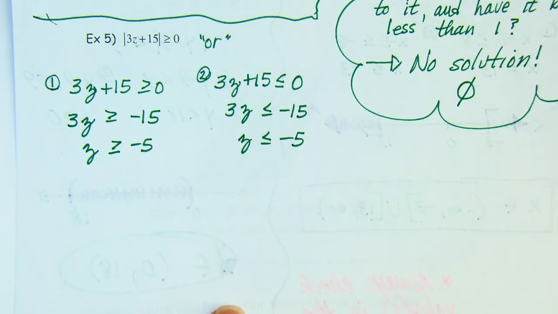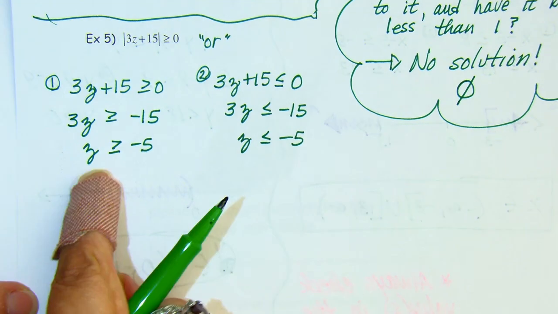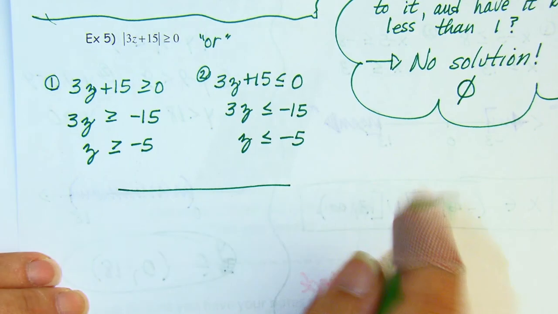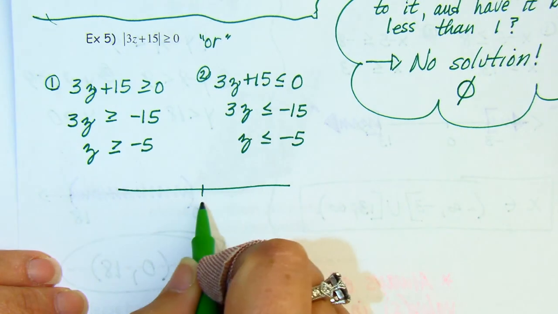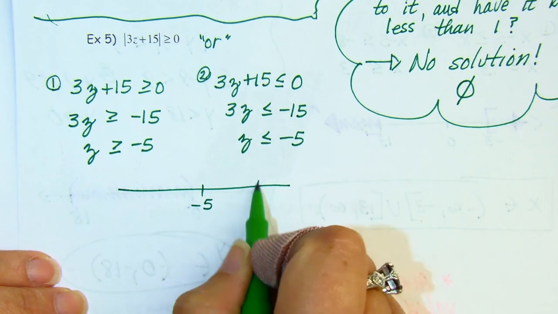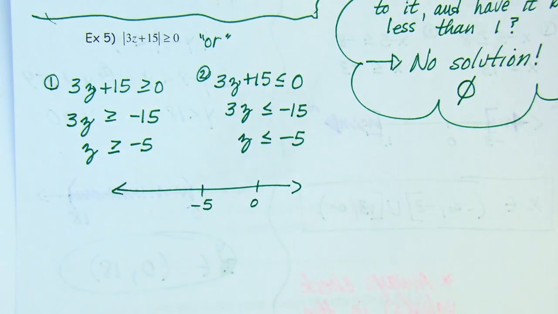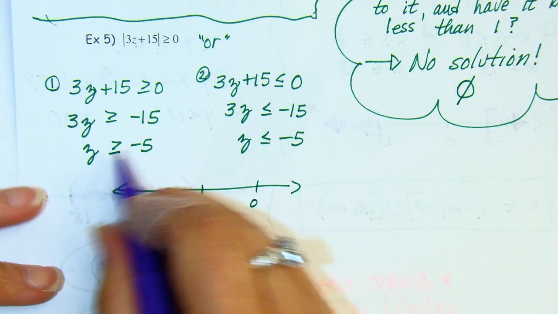So, what the heck's going on here? Well, let's graph this. I only have one boundary point. It's negative 5. I'm going to put 0 up here. So we're saying at negative 5, put a bracket and shade to the right.